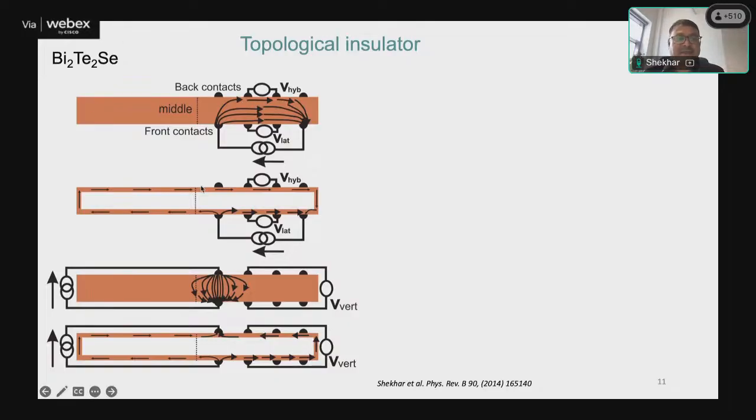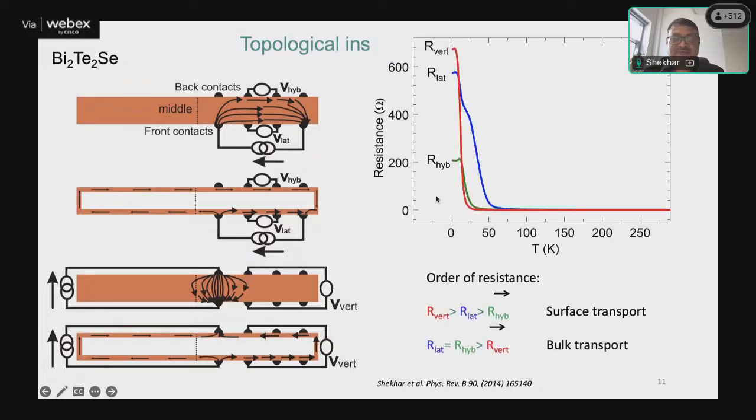But once we have a topological insulator, we don't expect the current to go through the inside, and the current goes only through the surface. If we measure these two quantities again, we find that they are completely different. So here, what is the order once we have surface transport?